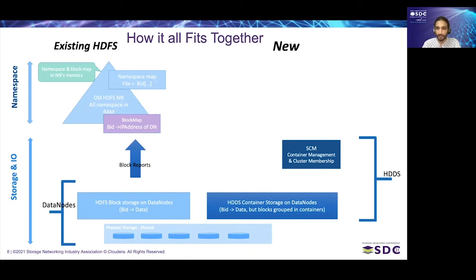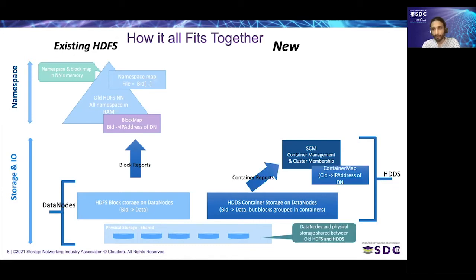It receives container reports from the data nodes. We'll see what containers are. This is the manager which will make sure that the containers are sufficiently replicated. A container is a list of blocks, and this is a level of indirection. By default, a container would be 5 GB in size.